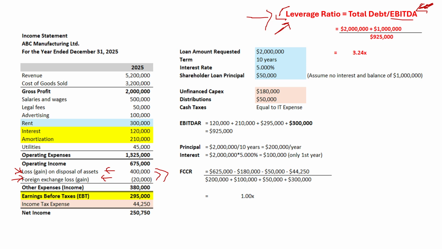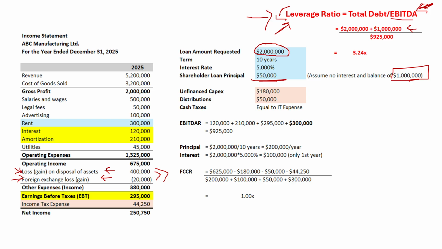And then it's a really simple calculation. On top, you're looking at total debt. So what I'm doing here is I'm adding the 2 million that we're contemplating loaning to this company, and we're also adding in, like I said earlier, the $1 million shareholder loan that they owe. We're going to consider that as debt as well because there's a principal payment that's mandatory.